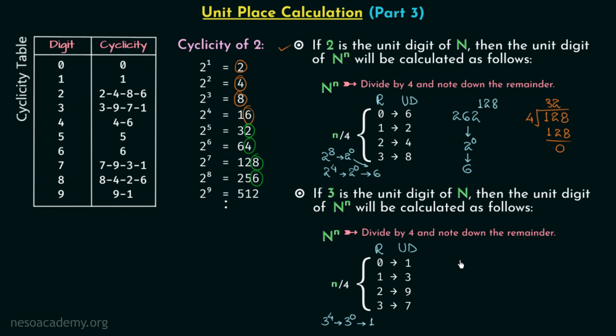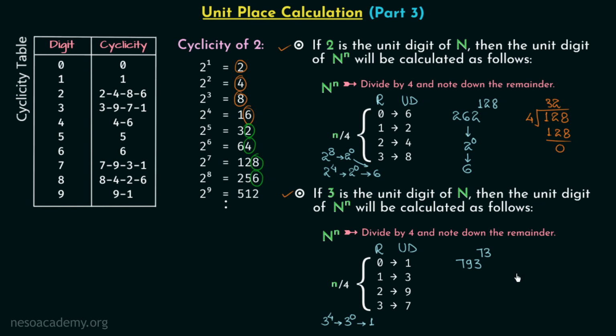In this example, we have 793 raised to power 73. 793 has 3 as its unit digit, and therefore we can use this rule to find out the digit at unit place of 793 raised to power 73.